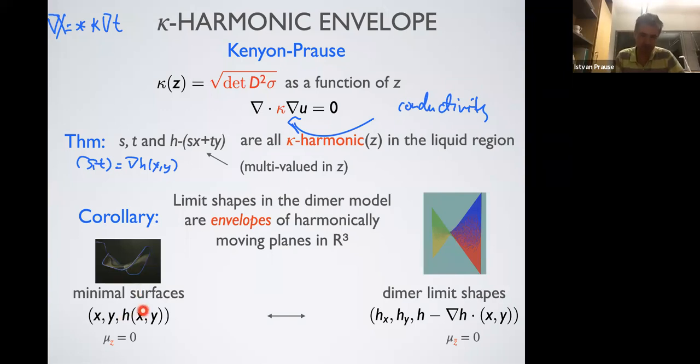Minimal surfaces also can be parameterized by harmonic functions in terms of the isothermal coordinate, because the associated Beltrami coefficient behind the isothermal coordinate is anti-holomorphic. In our case, this will be holomorphic, and what it means is that the Legendre dual coordinates will be harmonic. So this hx, hy, st, and this third function.